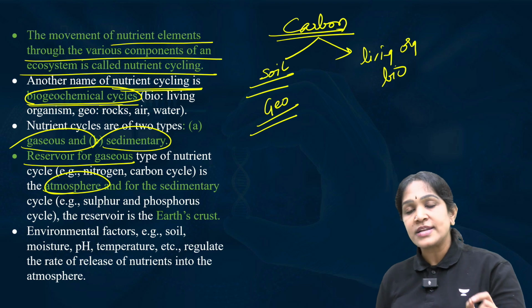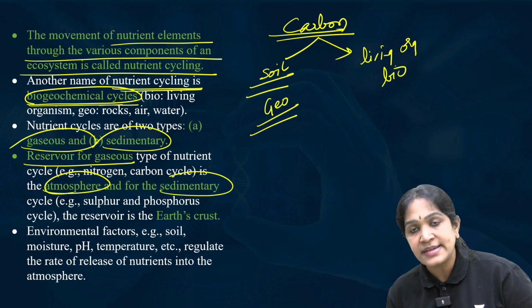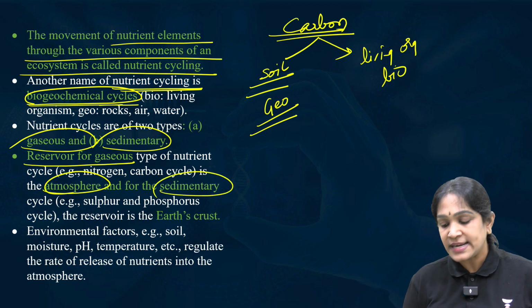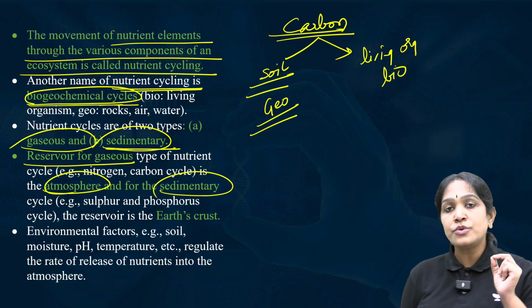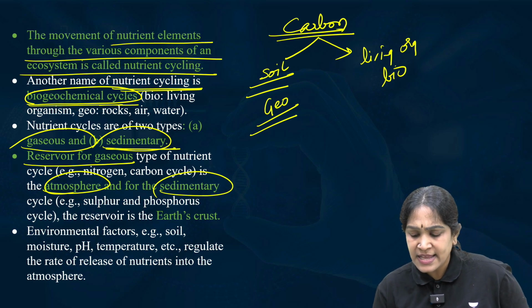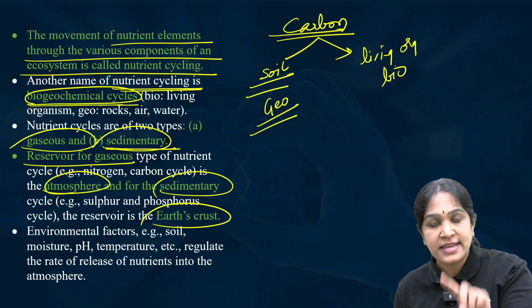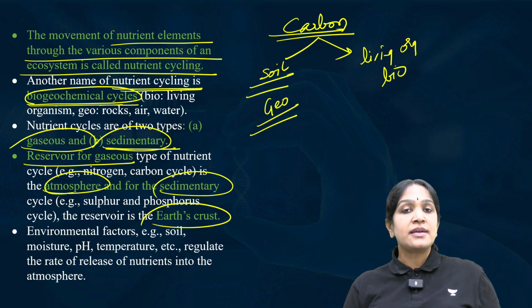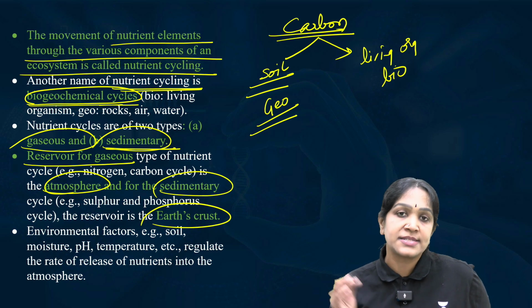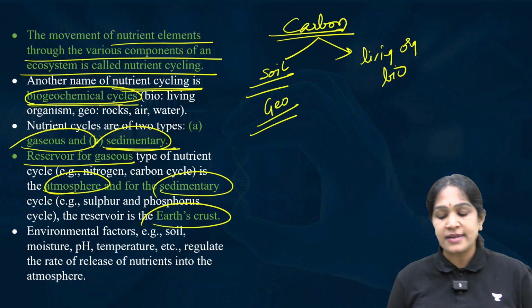Atmosphere. And what is the reservoir for the sedimentary nutrient cycles? That is the earth's crust. The reservoir for gaseous nutrient cycles is the atmosphere. The reservoir for sedimentary nutrient cycles is the earth's crust.